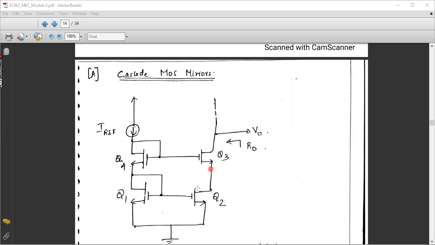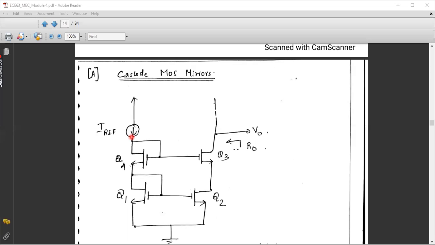So here you can see Q1 and Q4 are cascoded versions, whereas Q2 and Q3 are again cascoded versions. And why is it called a mirror circuit? Because you can see the first set of transistors, the drain and gate, have been short circuited, whereas Q2 and Q3 act as the output transistors whose current is dependent on the reference current.